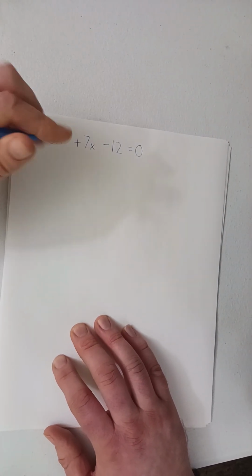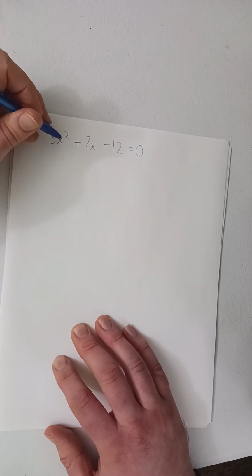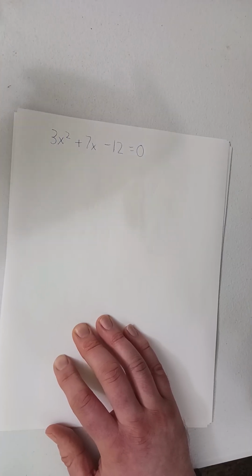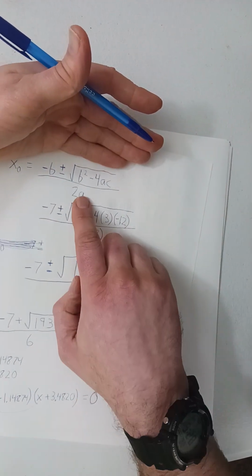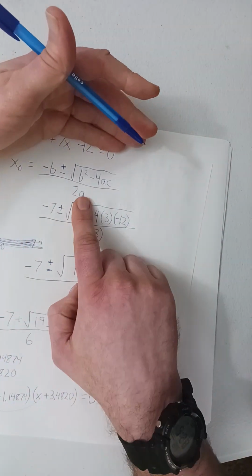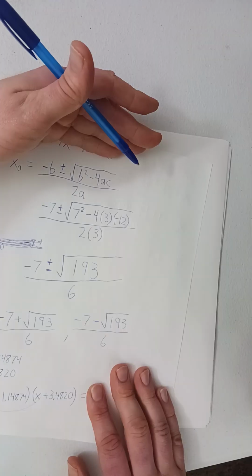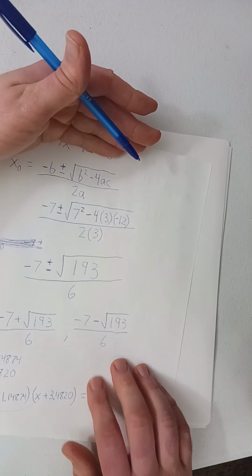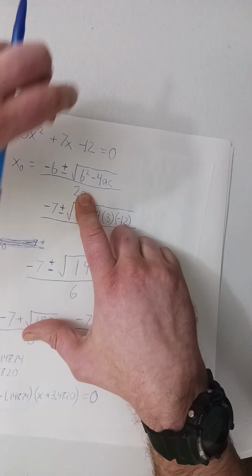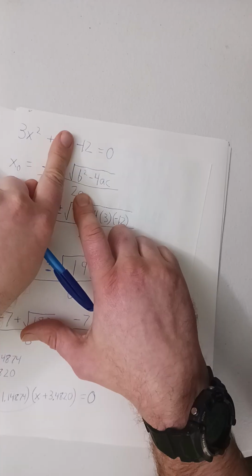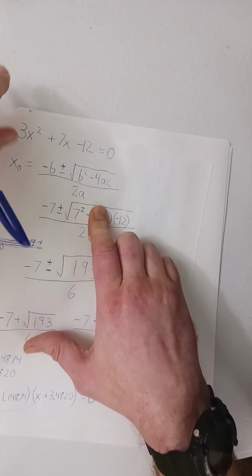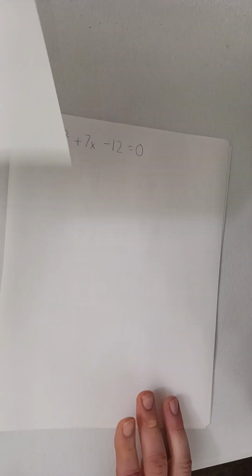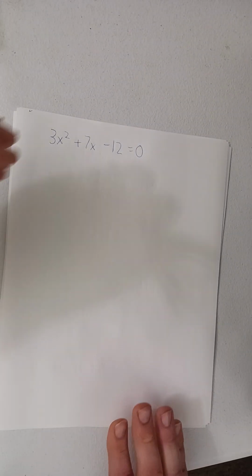A quick note, by the way: if there's no x squared here, do you think that you can use the quadratic formula? So if a equals 0 here, can you use this formula? And the answer is no, because you would be dividing by 0. But you can use it if you have no x, for example. You can use that.